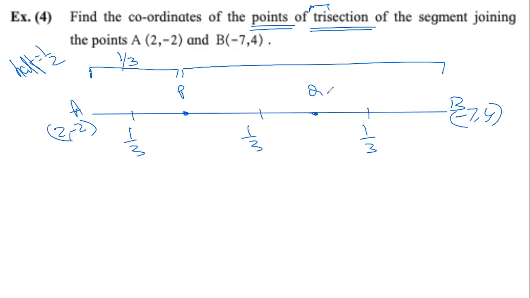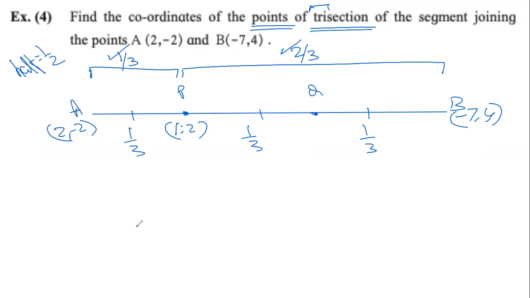Look at the diagram and tell me what fraction will we use for PB? Correct, it is 2 by 3. So we can say that P is dividing the entire line segment in the ratio 1:2.